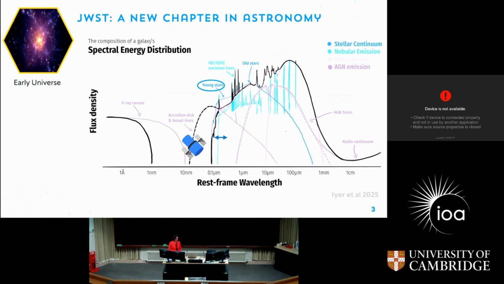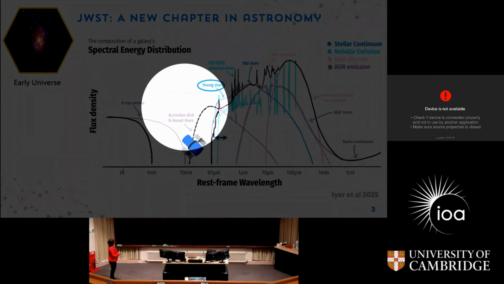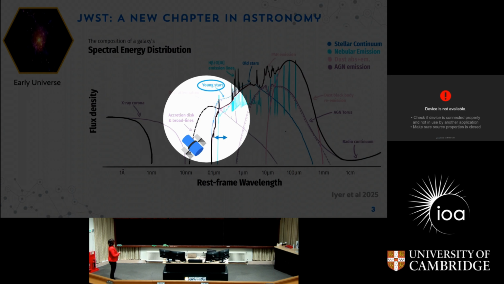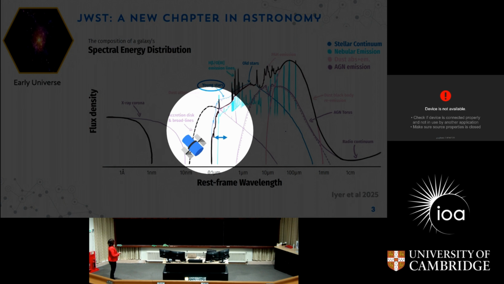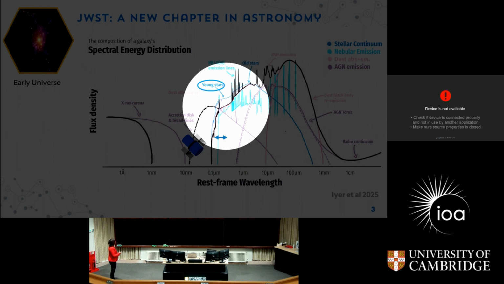We are doing this with JWST, and JWST really is a new chapter in astronomy. What I'm showing here are the spectra of galaxies and AGN. At high redshifts that we are interested in, above redshift 7, what we had access to with Hubble was only the young stars.